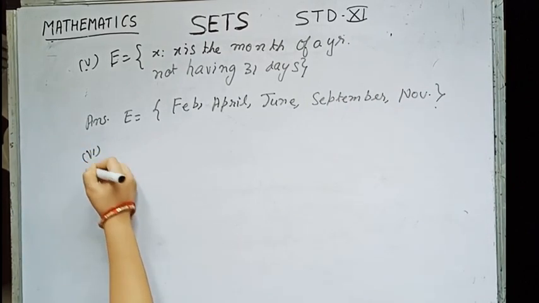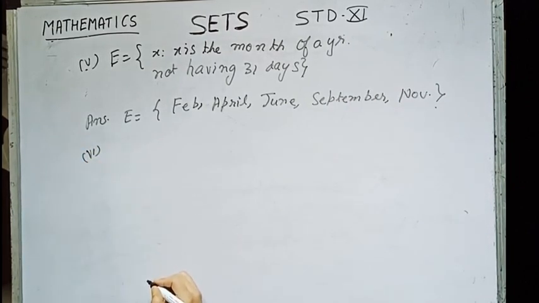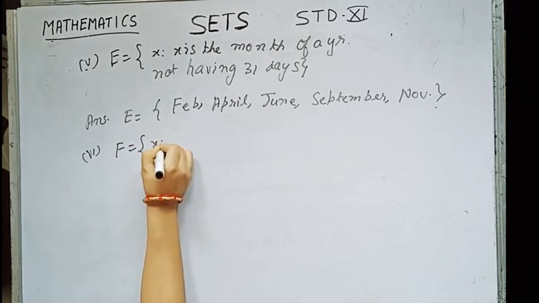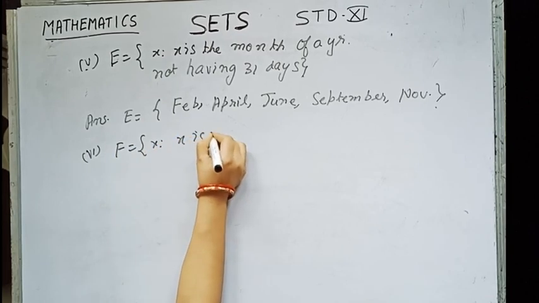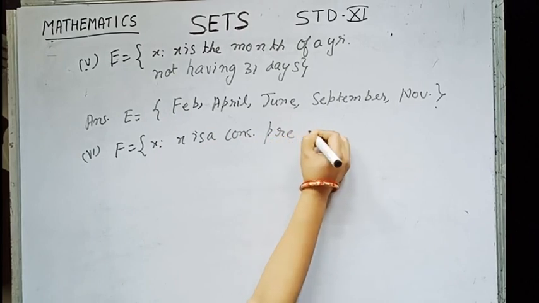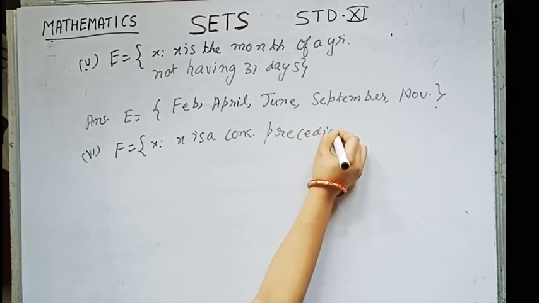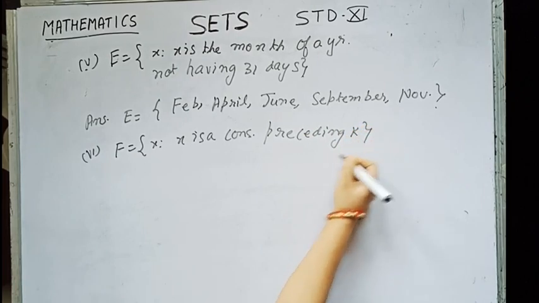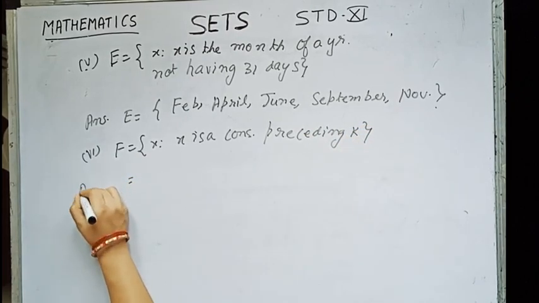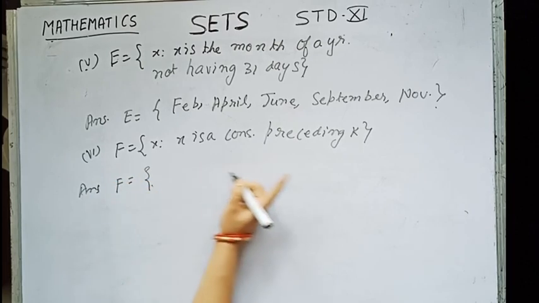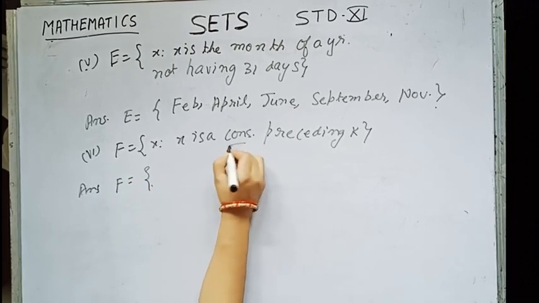Now number 6 is {x such that x is a consonant which precedes K}. X is a consonant preceding K. So obviously we can write this as F equals to, preceding K, and that should be a consonant.